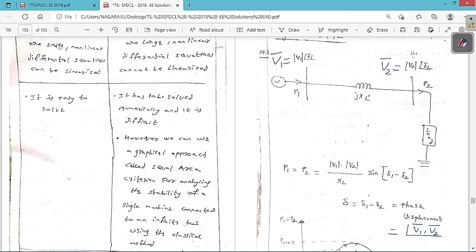So delta is called the phase displacement between the two voltage vectors V1 bar and V2 bar, which is delta equal to delta 1 minus delta 2.